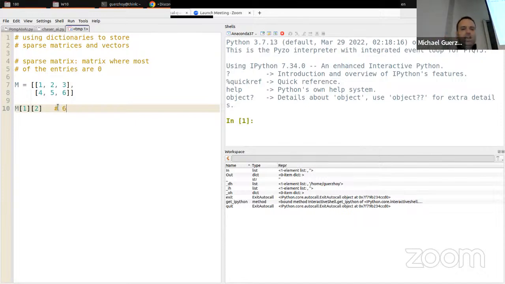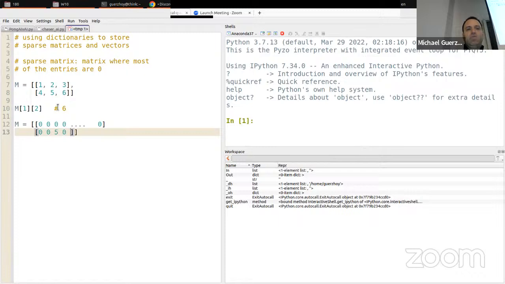So what happens if m is really sparse but really large? You might imagine that it would look kind of like this. There are going to be lots of zeros and lots of zeros over here, and maybe there is one thing that's not 0. If this is extremely large, it would be very inefficient to store all those zeros if really all the information you need is that there is just the 5 at location 1, 2.